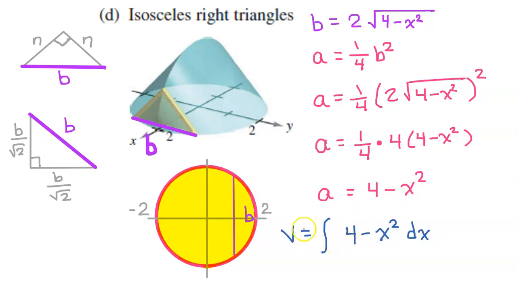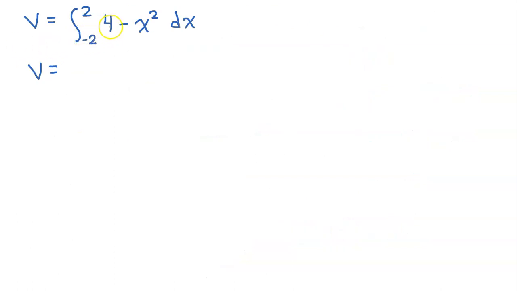The third step is to find the volume of the solid by adding up all of these slices of area. We do that by integrating the area from -2 to +2. The antiderivative of 4 is 4x.